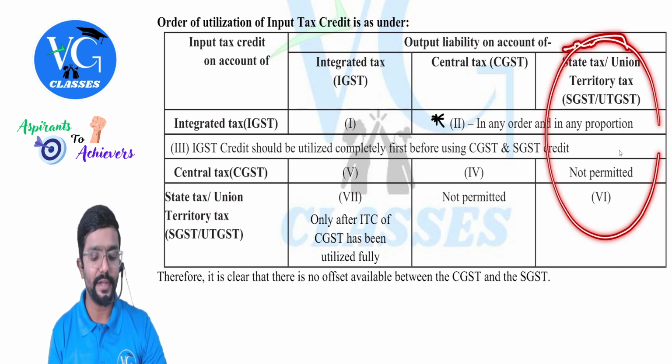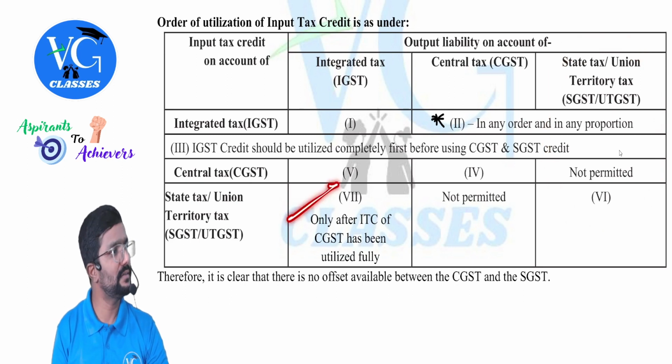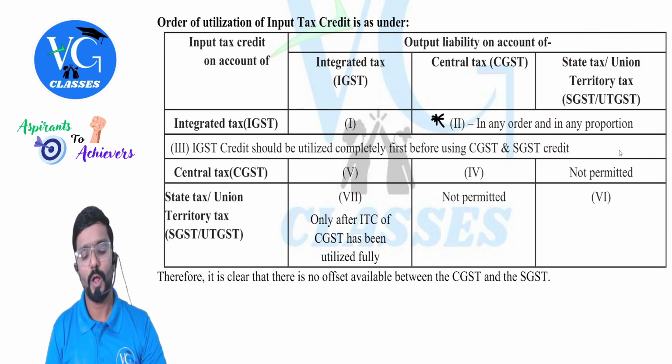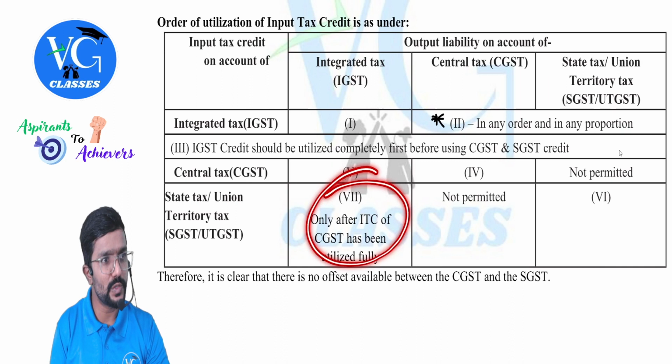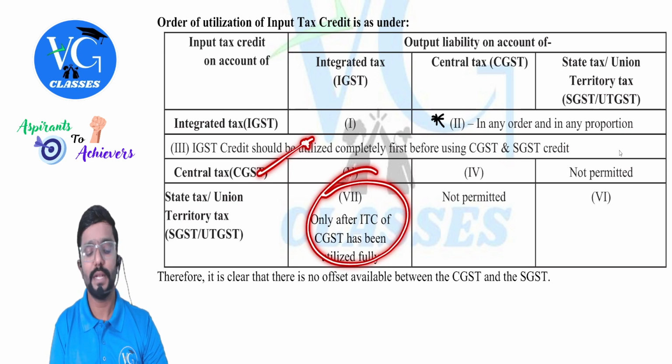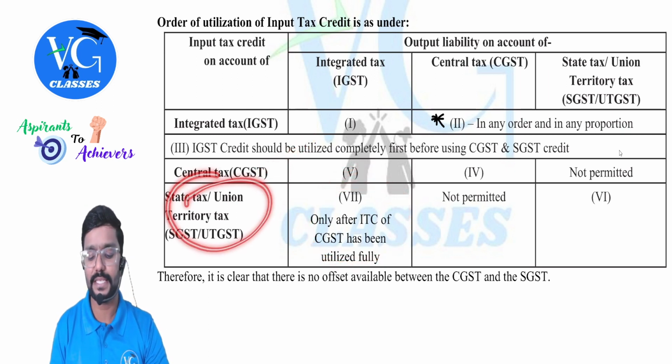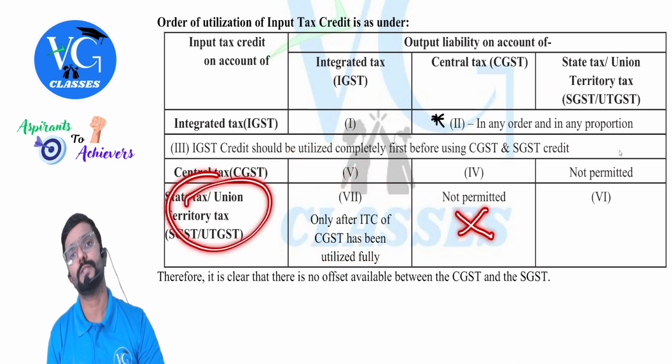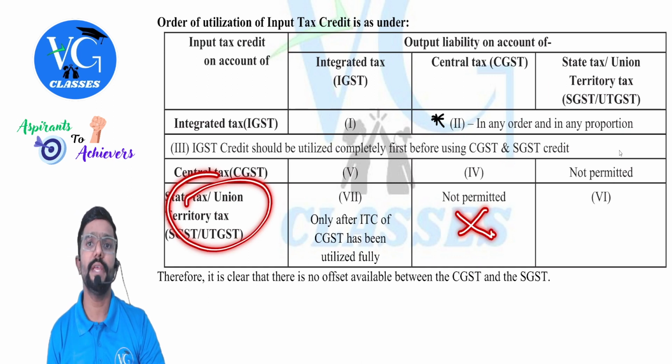If still it is pending, can I adjust it against IGST, sir? Yes, if at all it is there. But you can use this only after using CGST credit fully. Sir, can I use SGST credit against CGST? Sorry, not possible.